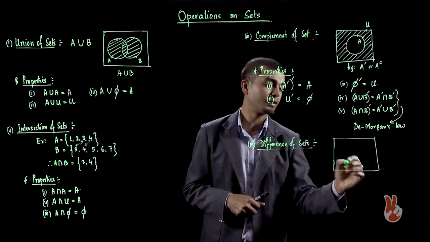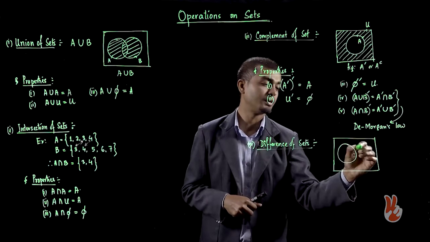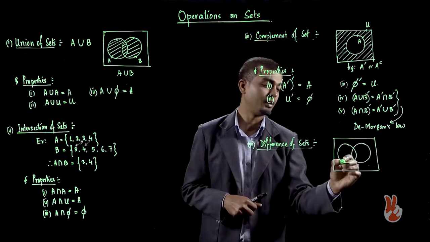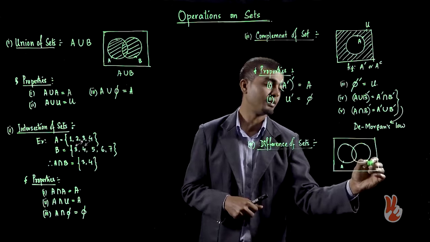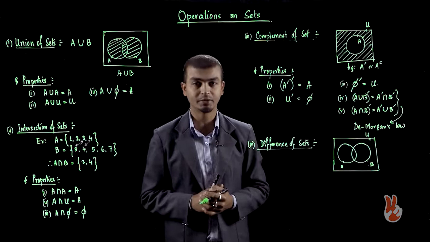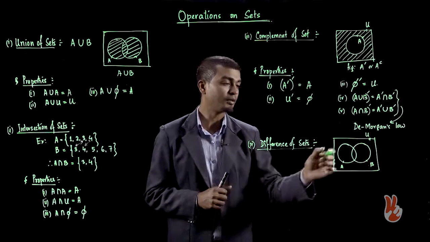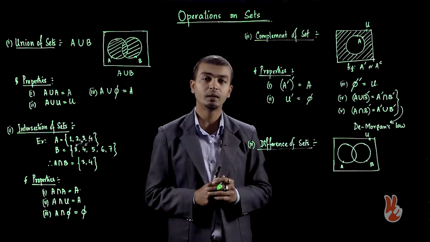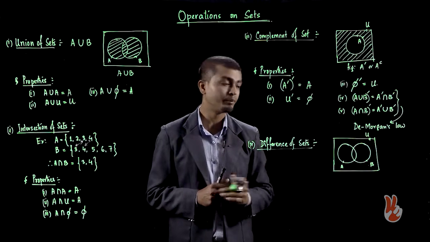Suppose this is the Venn diagram. There are two sets A and B. This is A, this is B, this is your universal set U. Then can you guess which part will be the difference of A and B?